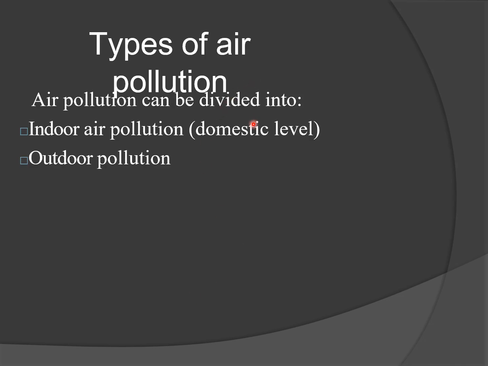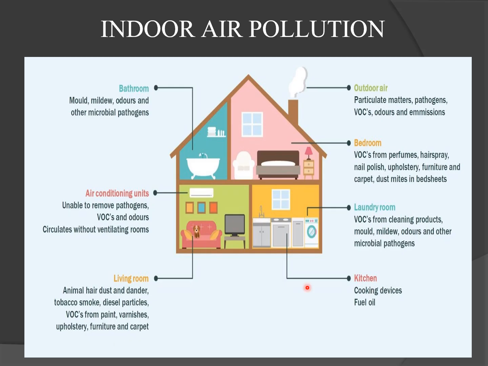There are two types of air pollution. One is indoor air pollution, that is, domestic level. The other one is outdoor air pollution, which includes industries. In this slide, you can see clearly how indoor air pollution occurs. From the bedroom, VOCs from perfumes, air spray, nail polish, and so on. From the laundry room, again VOCs from cleaning products.